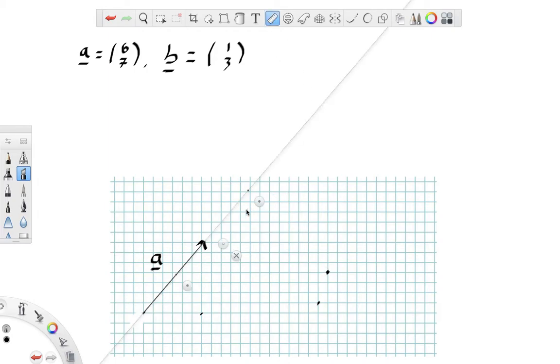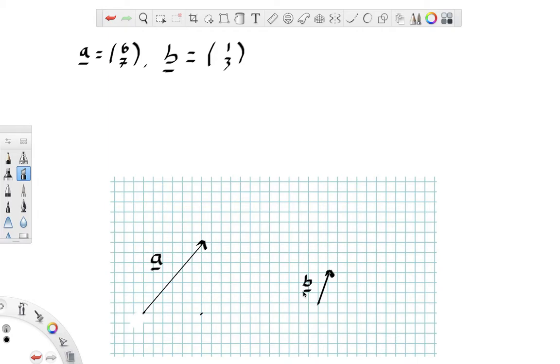Again, I'll just draw that. So like so. So that's our vector B. Again, I'll put a little arrow on it so we know that it's a vector. And that's our vector B.